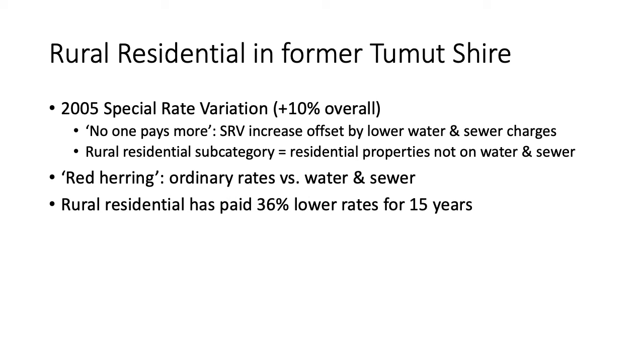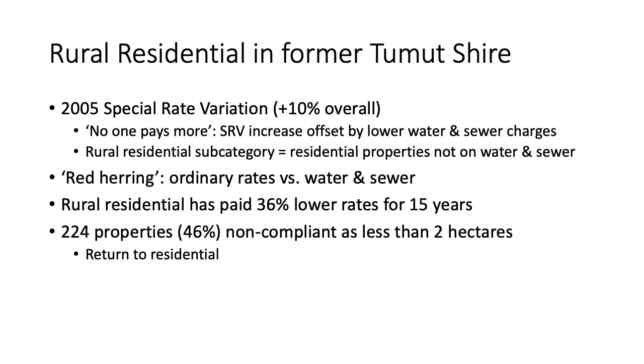The reality is that the rural residential ratepayers in the former Shire have paid 36% lower rates for the last 15 years. When the special rate variation was introduced, the only ones that paid more were the residential properties and the business properties. Another complication of this history is that almost half of the properties that are classified as rural residential are non-compliant with the requirements of the Act, which says that they can only be classified as rural residential if they are larger than 2 hectares.